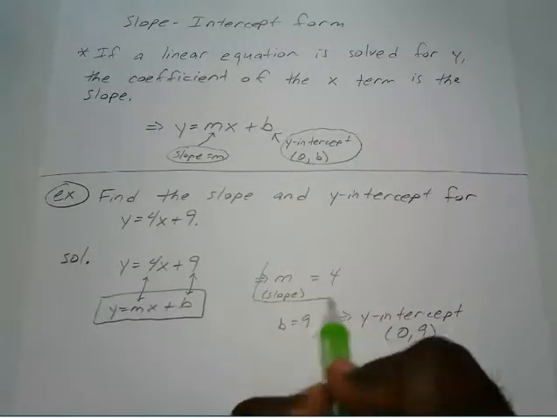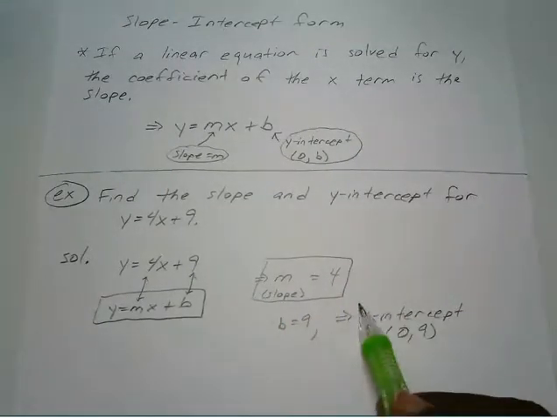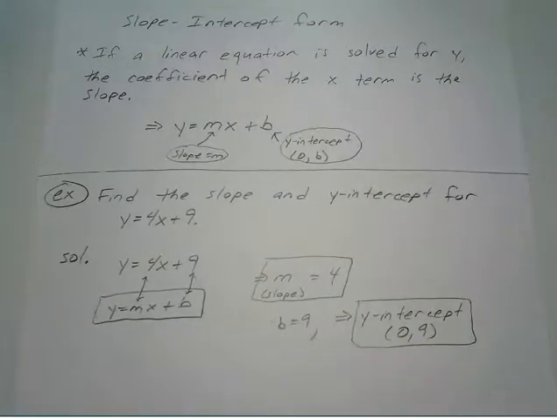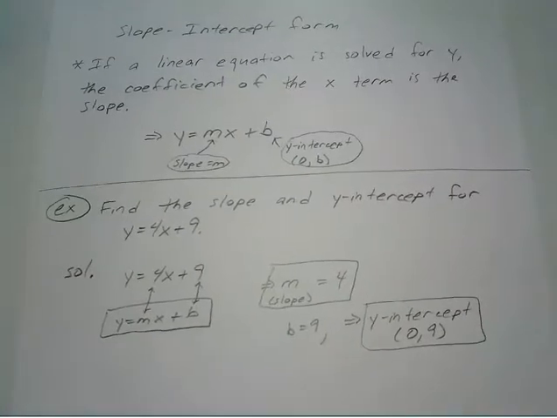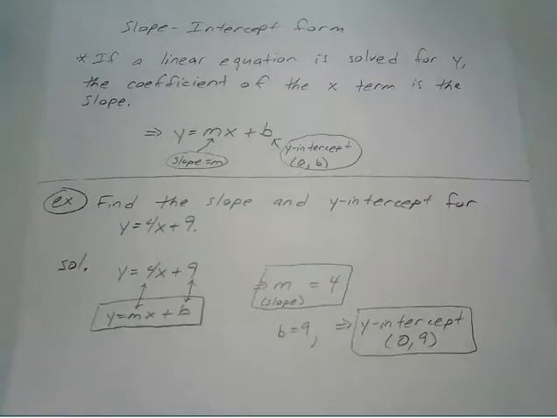So we have our slope and our y-intercept. You can pick it all out right there. All right, hopefully that made sense. It's pretty straightforward. But what if we had an example that looked a little bit different?